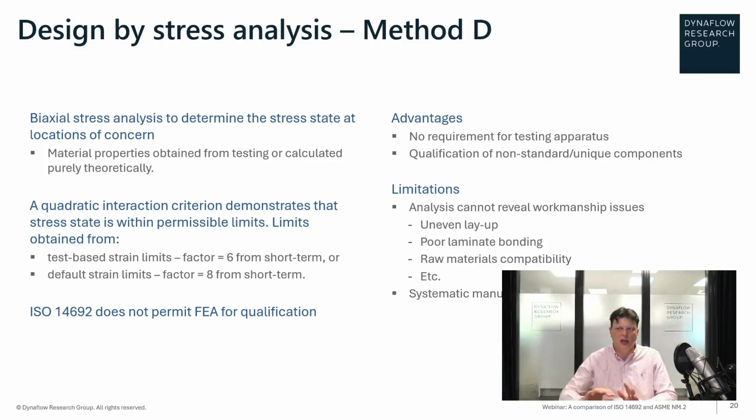So perhaps an uneven layup of T, or poor laminate bonding, the compatibility of the raw materials, and it also cannot expose manufacturing defects that are systematic. So perhaps there is a flange that has been designed, and the hub length is systematically too short, and that's not something that FEA would find, but that you would find with survival testing.